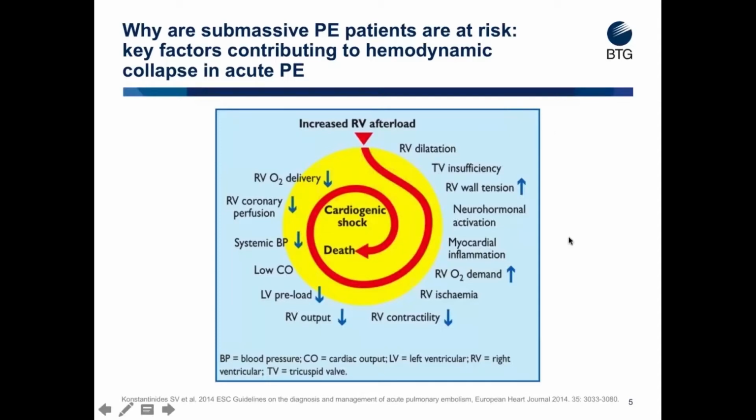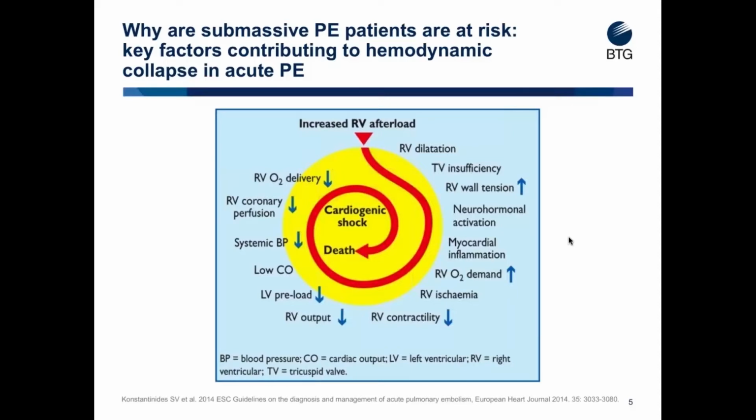As you come along this spiral on the right side of the circle, you start to develop RV ischemia, and then a cascade of events ultimately results in a drop in systemic blood pressure, coronary perfusion, low cardiac output, and now a once stable patient becomes hemodynamically unstable.